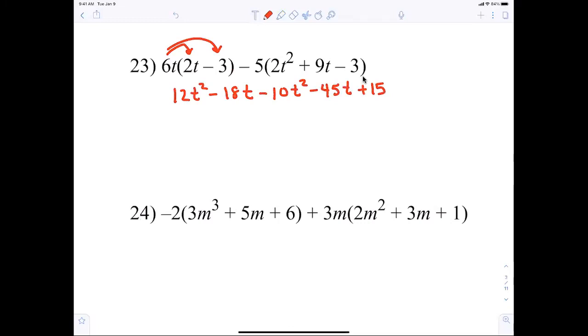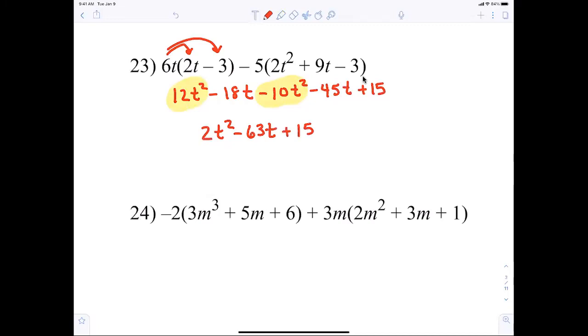Anybody have any issues distributing the negative 5 or the 6t? And now we do what? Combine terms. So that becomes 2t squared minus 63t plus 15.